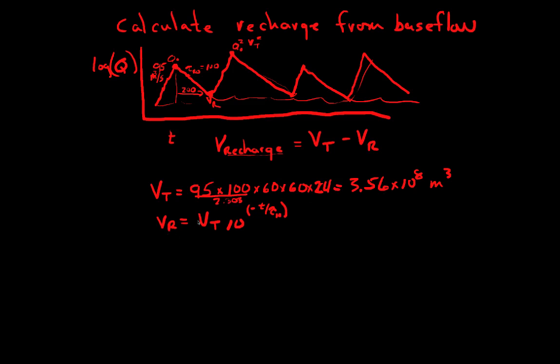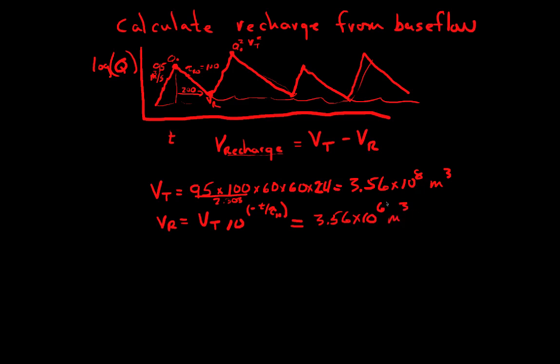Okay, V remaining is going to be the total times 10 raised to the minus T over tau. T in this case is 200 days. Tau is 100 days, so that's 200 divided by 100. That's 2. 10 to the minus 2 is 0.01, or 1%. So the remaining water is going to be 3.56 times 10 to the 6th cubic meters.